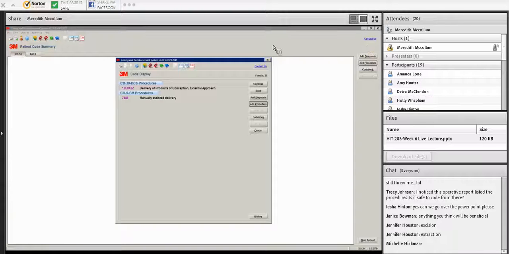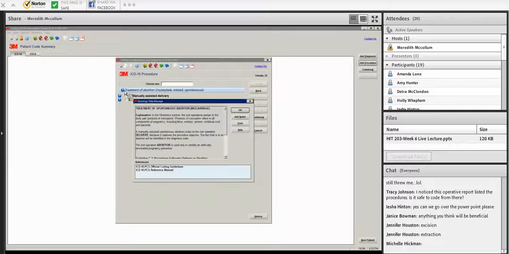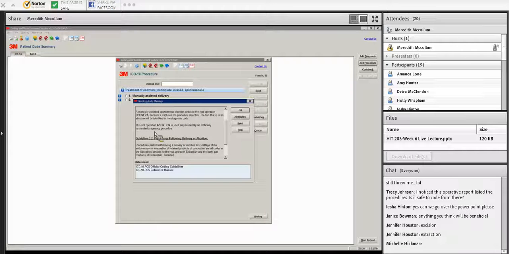That is considered, you know what, that's not coming out right. Yeah, I don't agree with this. Extraction, products of conception. I wonder why it's not. Artificially terminated.